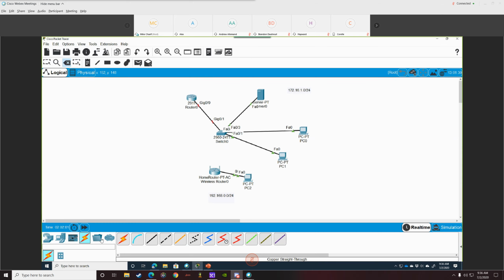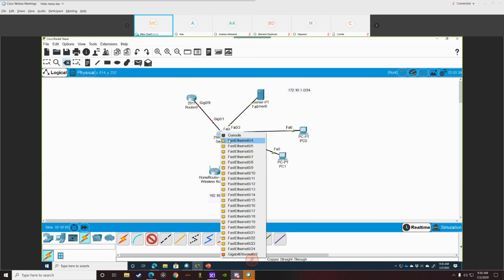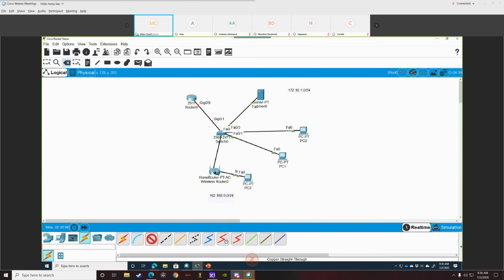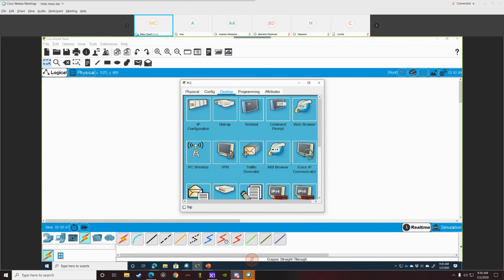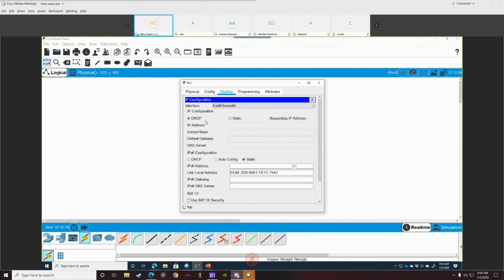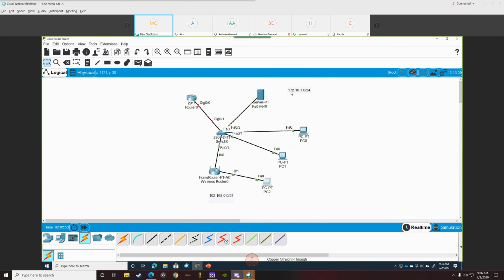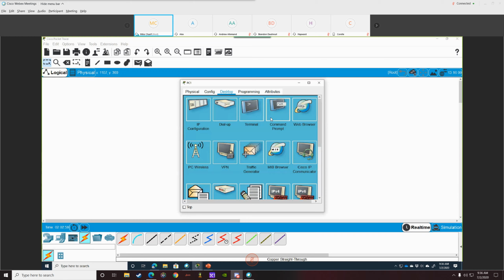It's supposed to get an IP address from the internet, but this is not on the same subnet. This guy is going to get an IP address because it's connected to the LAN port. Those are not, because they're not connected to the LAN port.